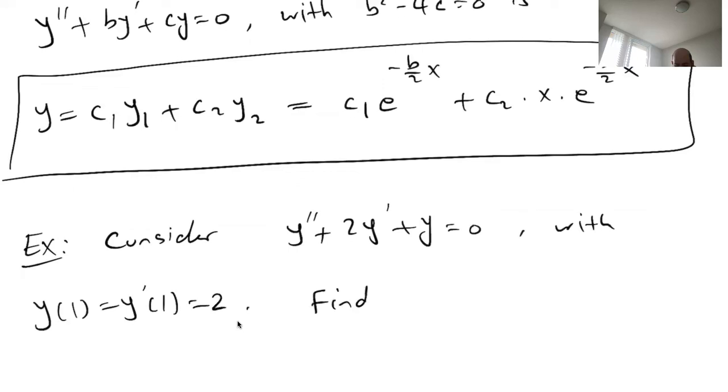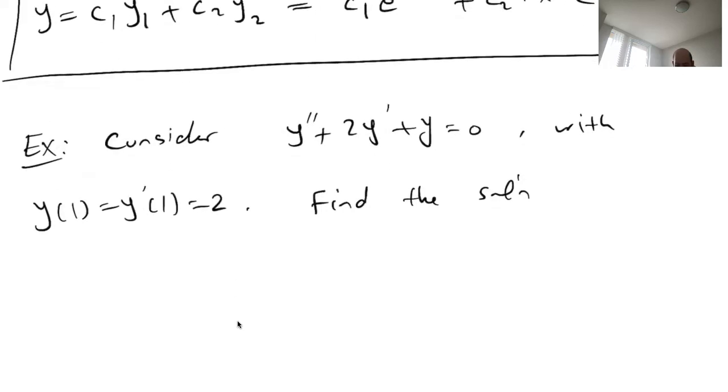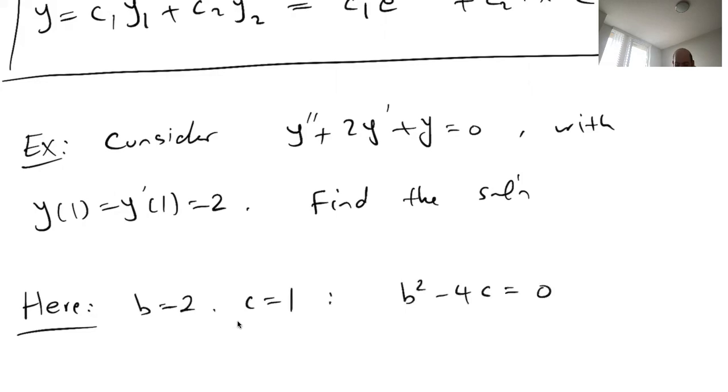Find the solution. So here, what are the values for b and c? Here, b is 2, c is 1. So that means b squared minus 4c is 0.